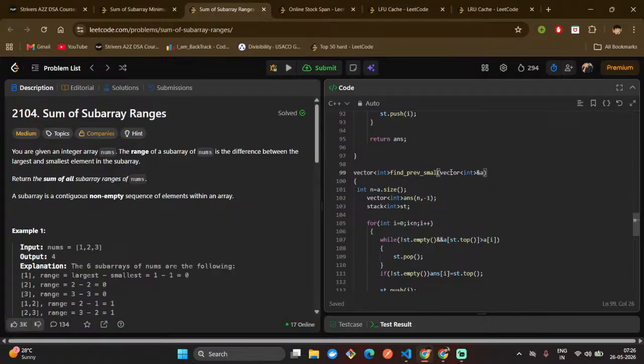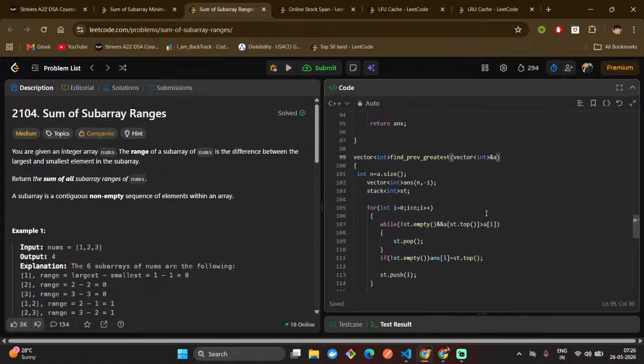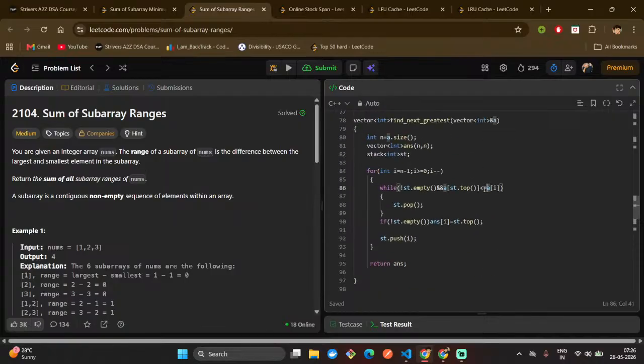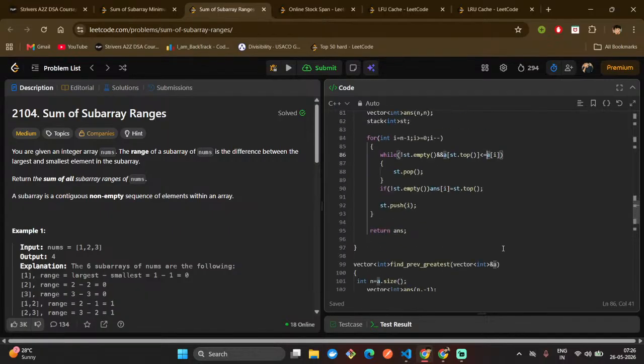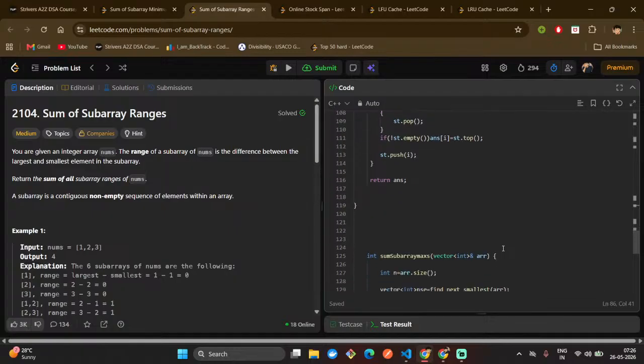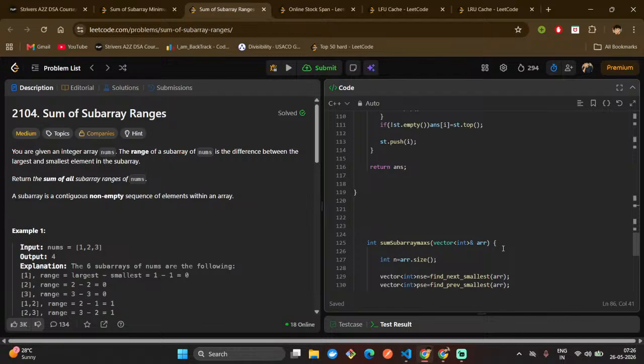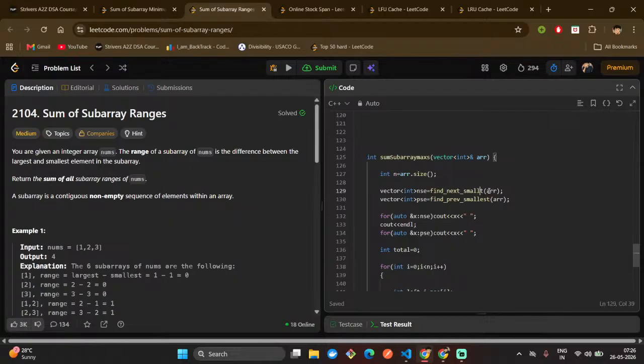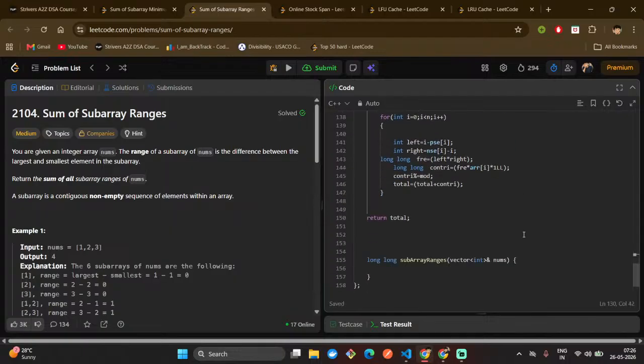Now find the previous greatest. Right. Now we have to try to understand this. All are good now. I think so. We just have to change the sign, right? Now for the next subarray we just do greatest. Here we have to do greatest. Just all good.